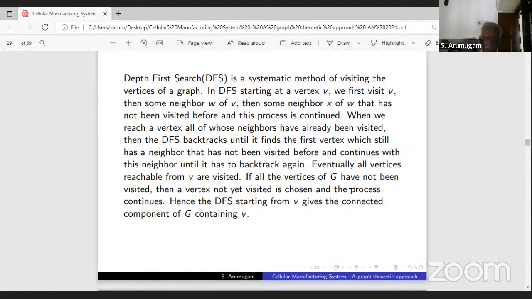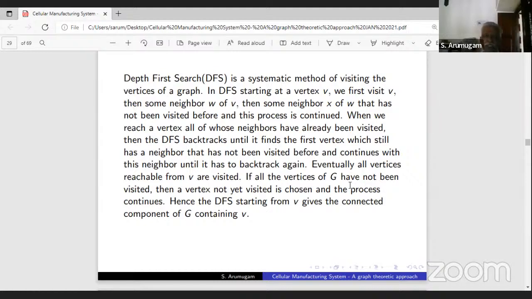Now, simple question. In a DFS algorithm, look at the set of edges you are traveling during the search. So from V1, you are visiting V3. That means V1, V3 is traveling in the algorithm. From V3, you are going to V7.